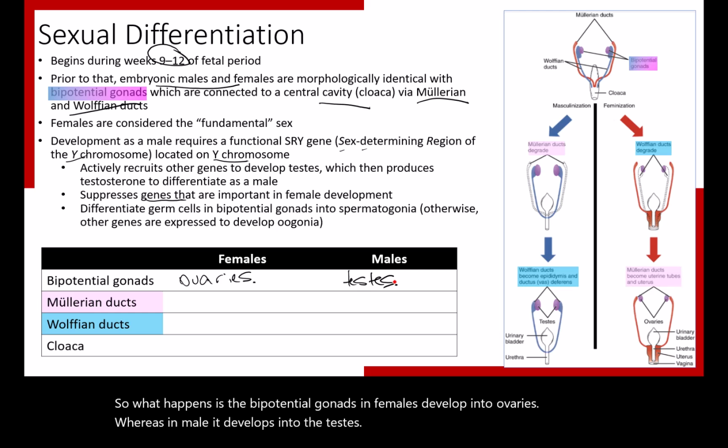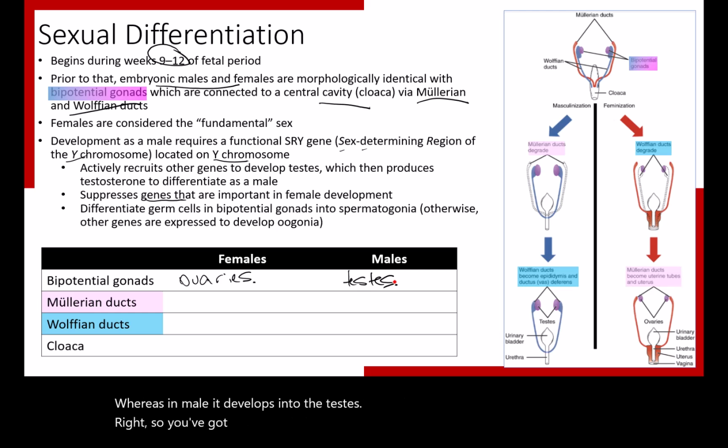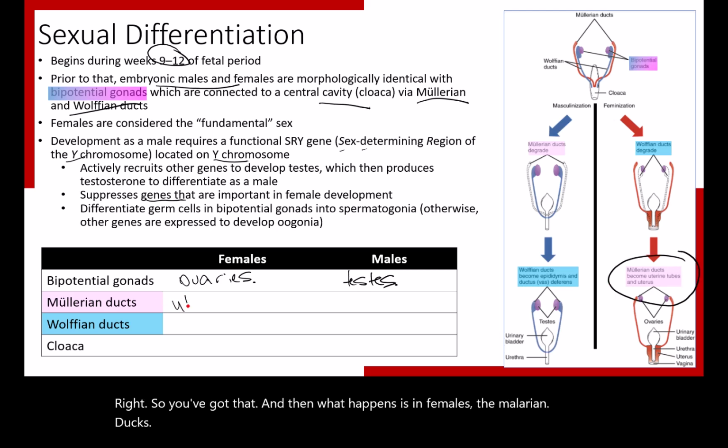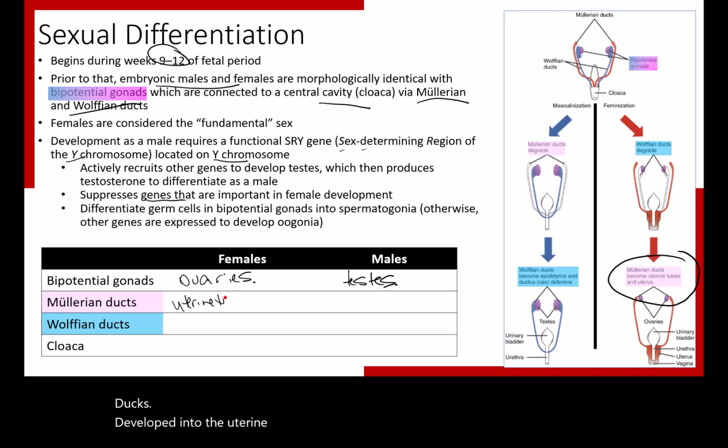And then in females, the Mullerian ducts develop into the uterine tubes and the uterus, whereas in the developing male fetus, the Mullerian ducts degrade.